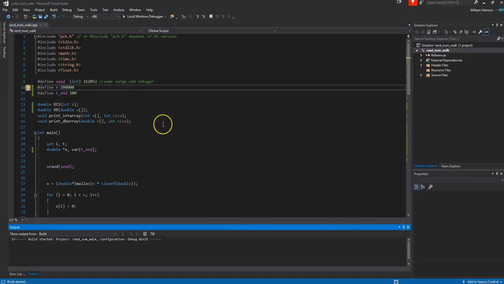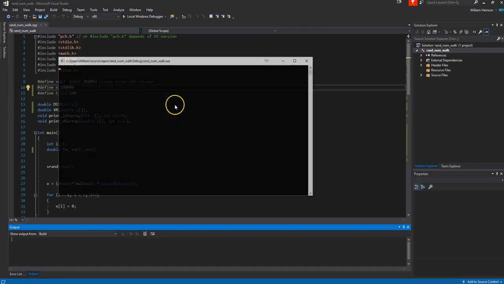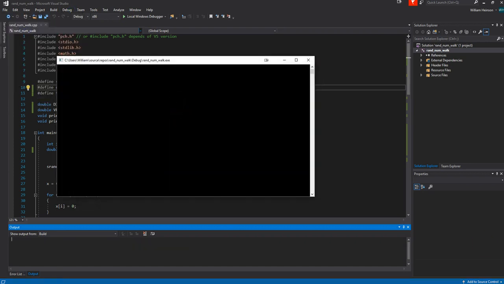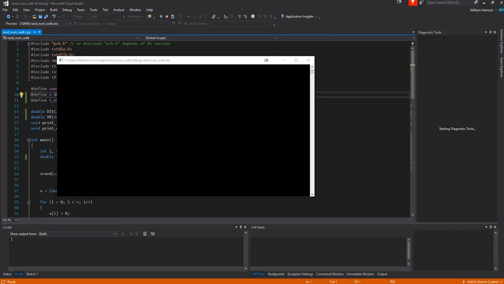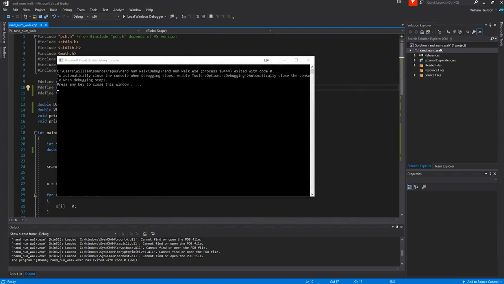So build and start the debugging, and hopefully everything works. Okay, it seemed to work. Well, now we'll go to the folder where it's at.